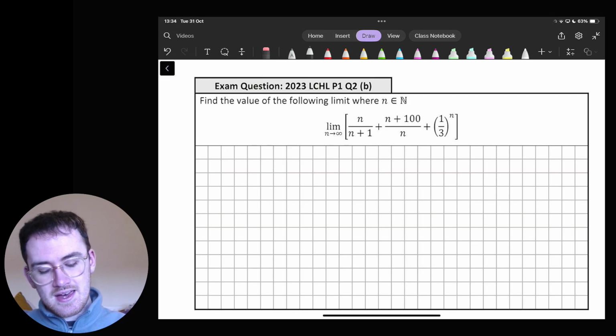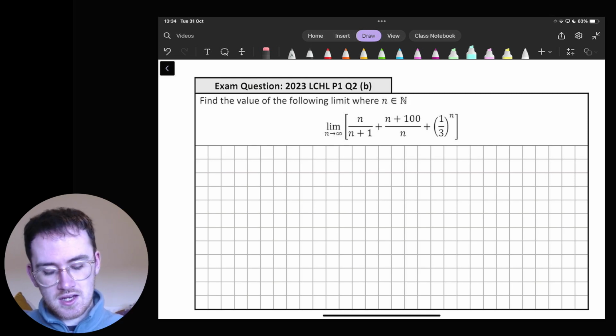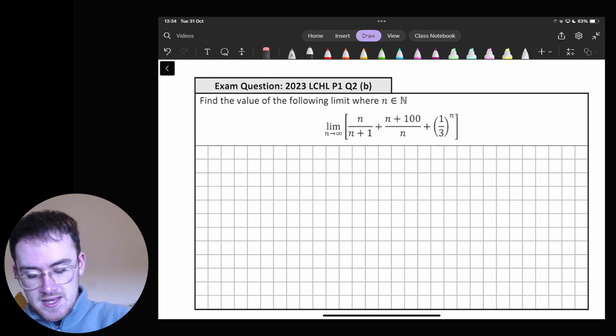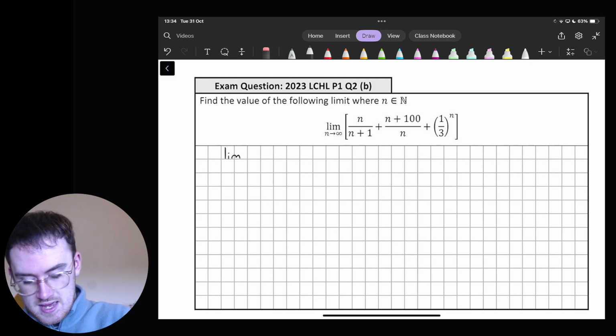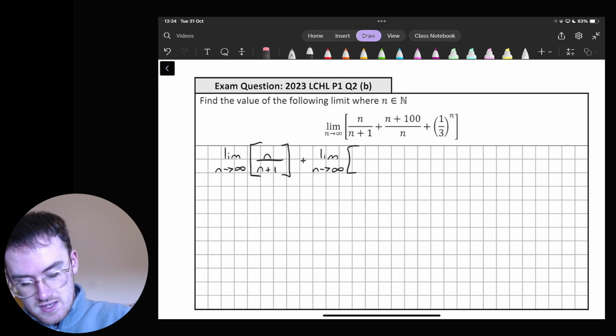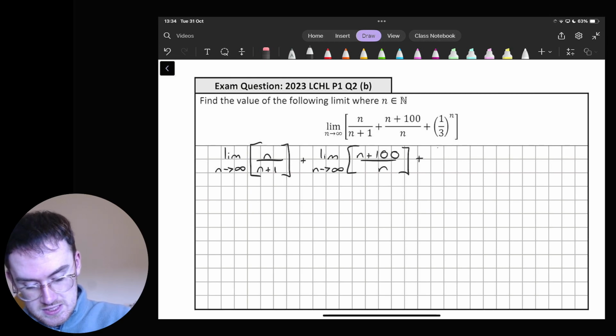And that is that if I have an expression like this one here, and I'm taking the limit of the overall expression, that is the same as me rewriting this question and taking the limit of each part of this expression. So if I take the limit as n goes to infinity of this part, plus the limit as n goes to infinity of this part, plus the limit as n goes to infinity of the last part.